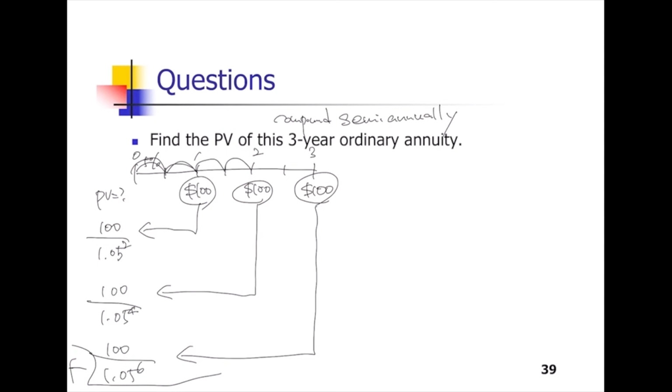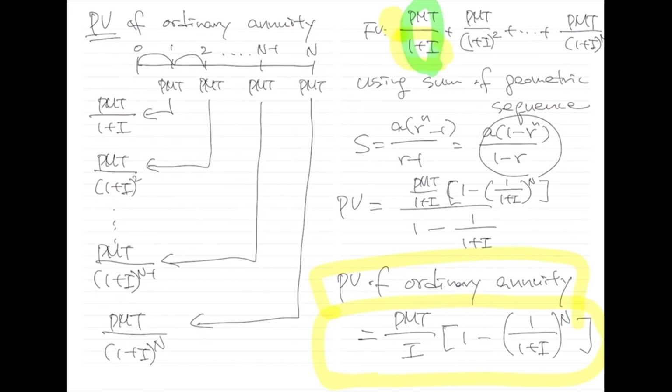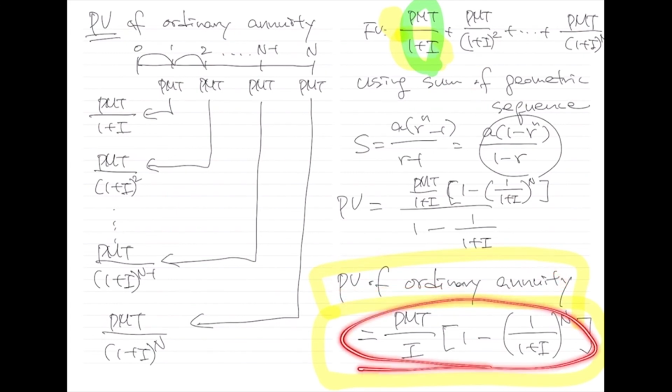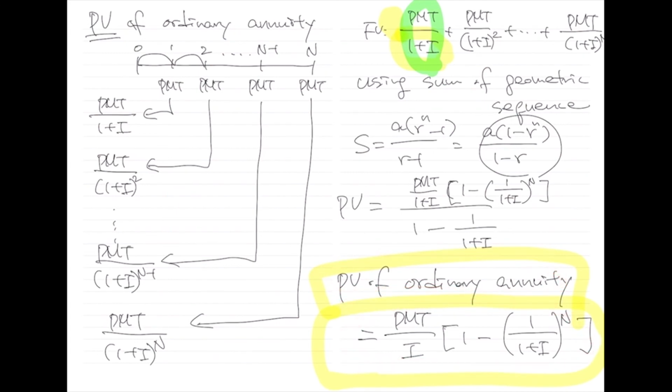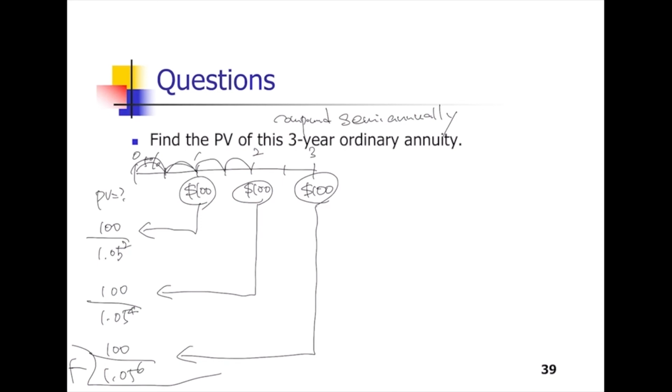You can also use the present value general formula. As we learned before, the present value of an ordinary annuity can be calculated by this general formula, right? So write down the equation.